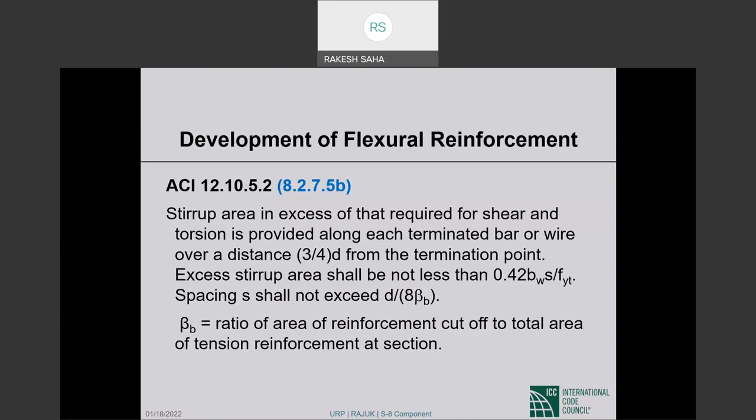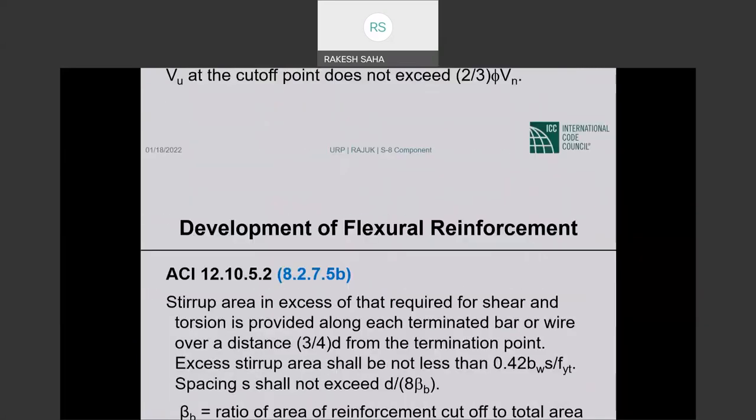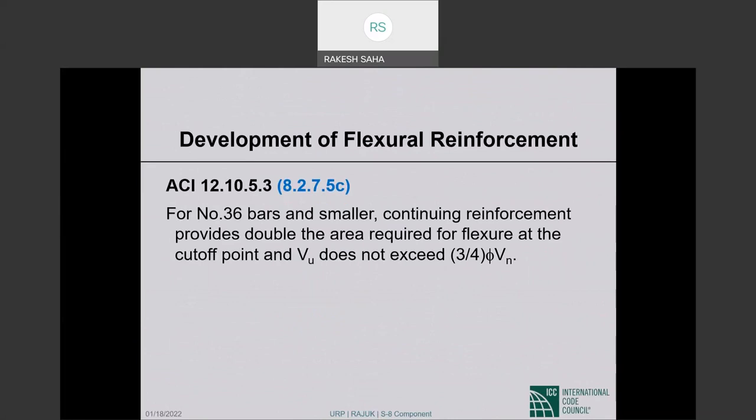Excess stirrup area shall not be any less than whatever, and then spacing shall not exceed d over 8 times beta sub b, and that beta sub b is the ratio of area of reinforcement cutoff, etc. I have not seen people use this condition to tell you the truth. Most of the time we go with the first one out of the three conditions. This is much more complicated. The third one also is more complicated than the first one.